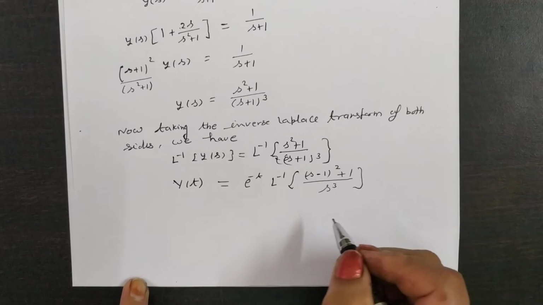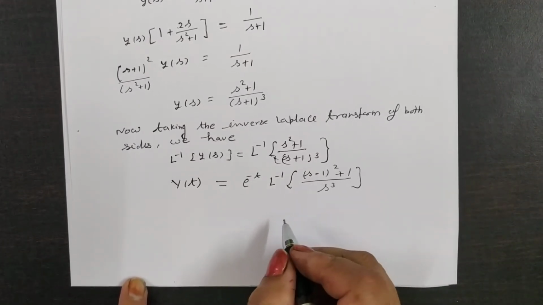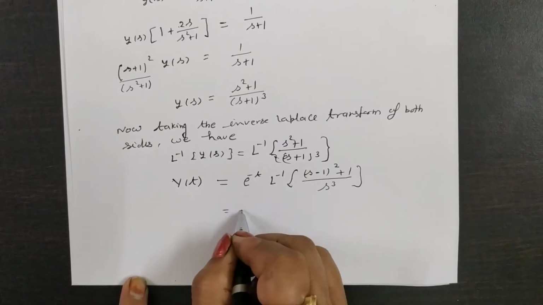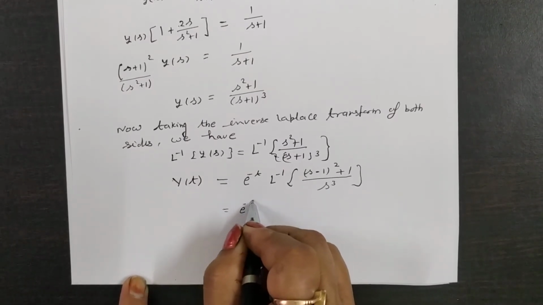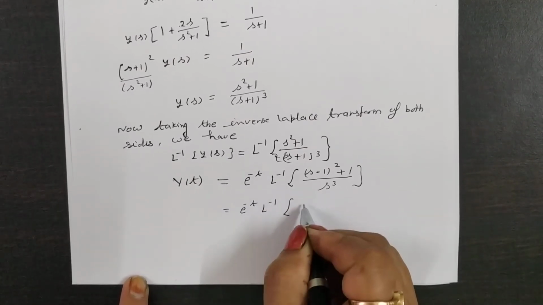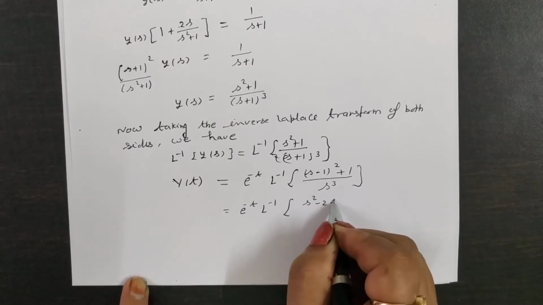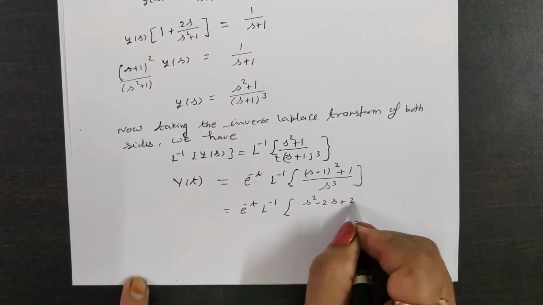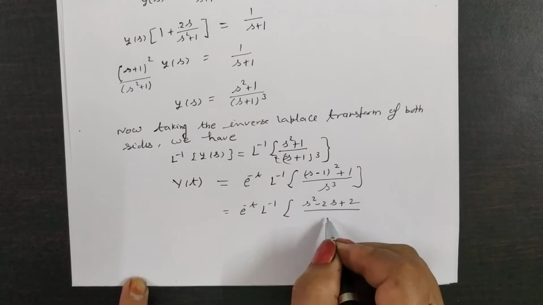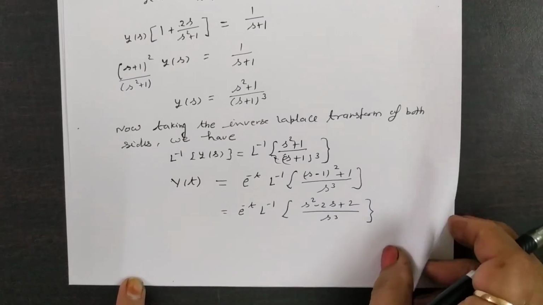Therefore this can be written as e^(-t) times the Laplace inverse of (s² - 2s + 2)/s³. Solving step by step.